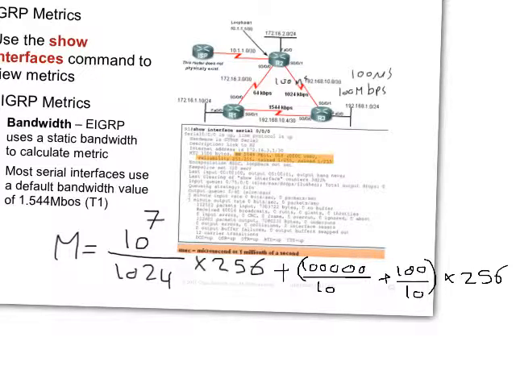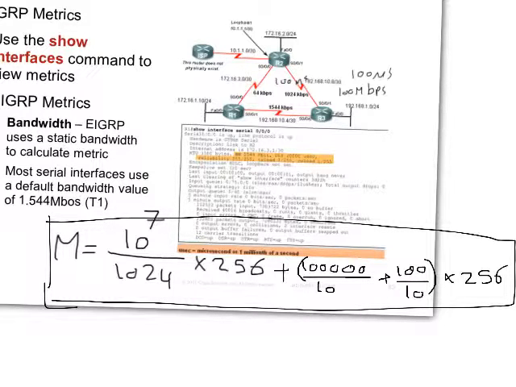So this is how I calculate the metric. This will be a big number, by the way. It will be like a huge number. So the metric here is not like 1 and 2. I will show you an example.